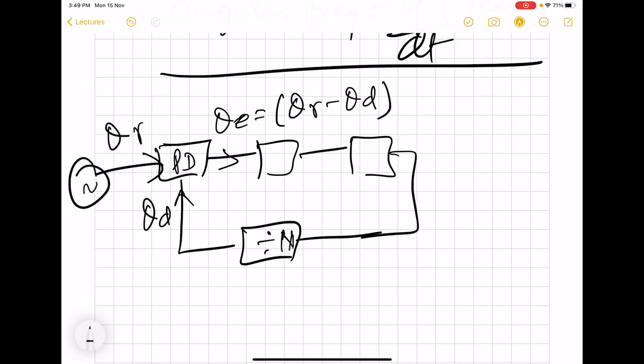So designation of these signals in terms of phase is for the purpose of understanding the functionality of this loop. But actually all these signals are going to be voltages.